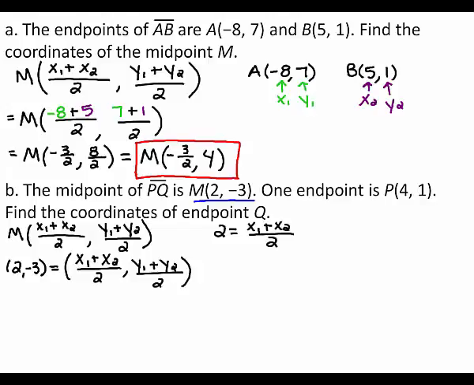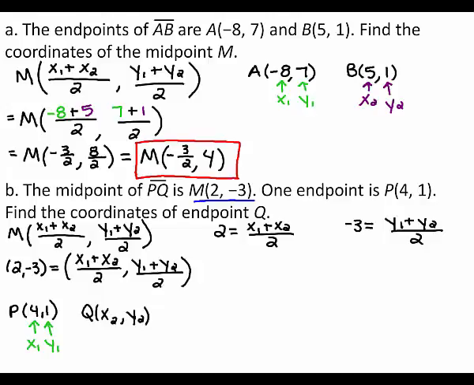Therefore, 2 must be equal to (x1 plus x2) all divided by 2, and -3 must be equal to (y1 plus y2) all divided by 2. Now, you are also told that one endpoint is P(4, 1). Let x1 equal 4 and y1 equal 1, and let the coordinates of endpoint Q be (x2, y2).